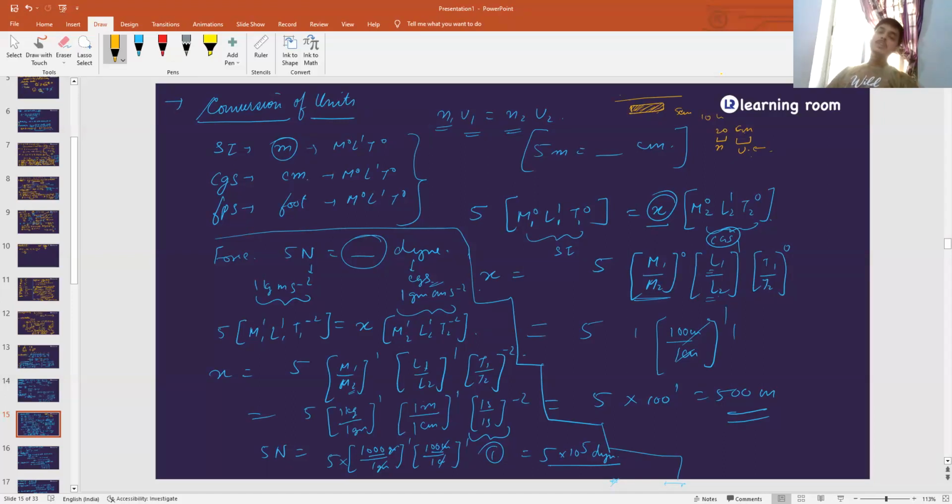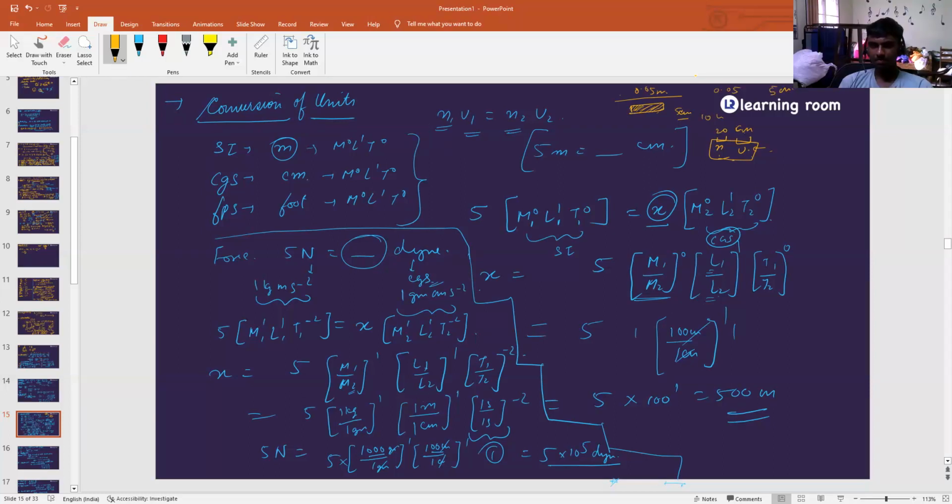So numerical value times the unit is a constant for a particular measurement. You can say, sir, this is 0.05 meter, or you can say, sir, this is 5 centimeter. But both are the same quantity or not? Are they different? Chitesh? 0.05 meter and 5 centimeter, are they different?